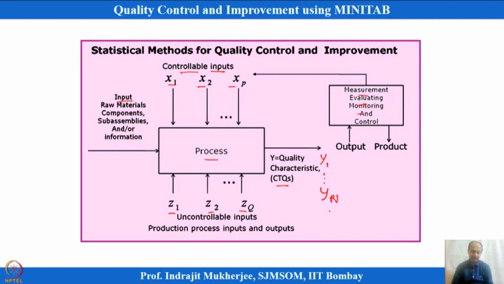Within that there is a control chart type of technique which is used for monitoring the CTQs, because if I can monitor, I can visualize. If I can visualize, I can immediately take corrective action if something is going wrong in the CTQs, like deviating from the target or variability having increased.